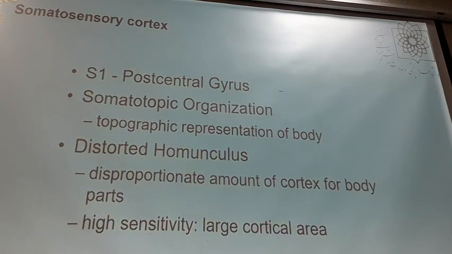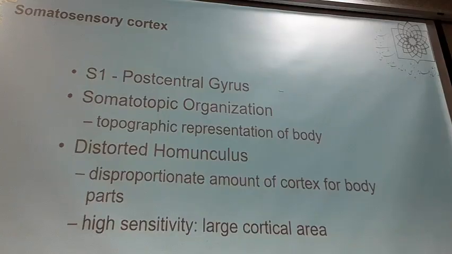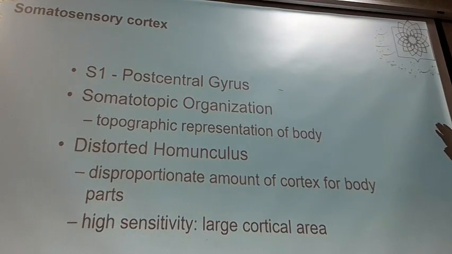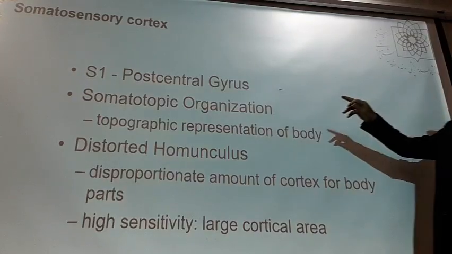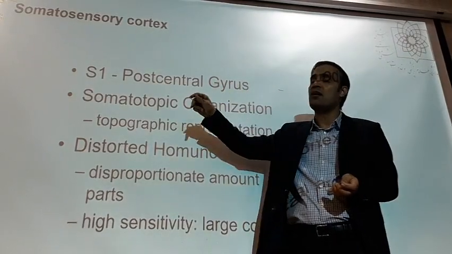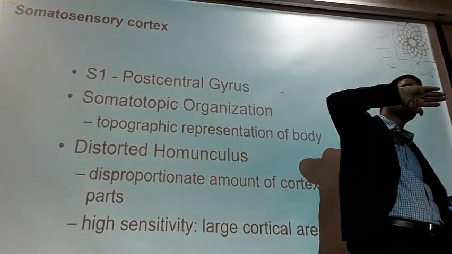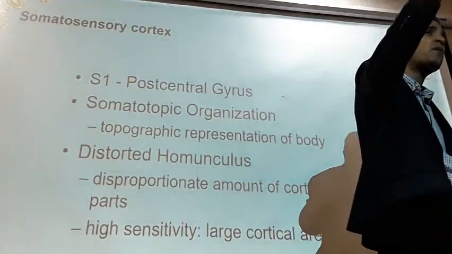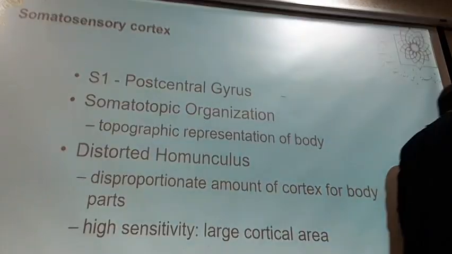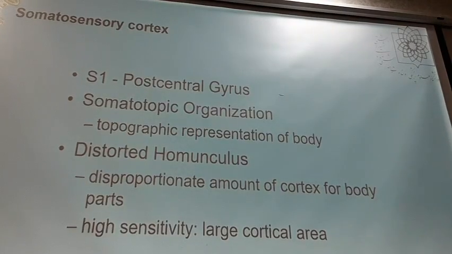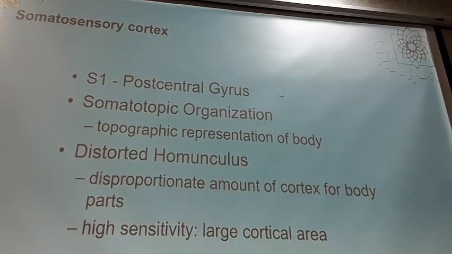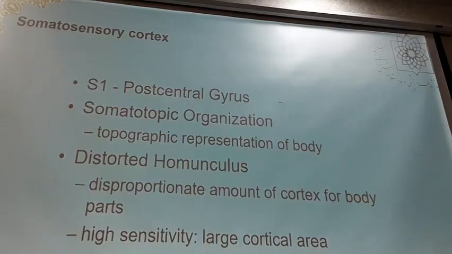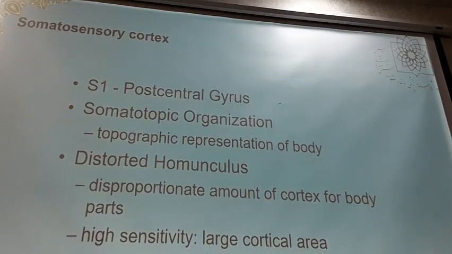In the somatosensory cortex, as I told you, this processing of information starts, but it is not completed. S1 is the primary somatosensory area. Then this area sends the information to somatosensory number 2, the secondary somatosensory area. Then to the parietal area that is mixed with other sensory systems, and finally generates a picture for us.